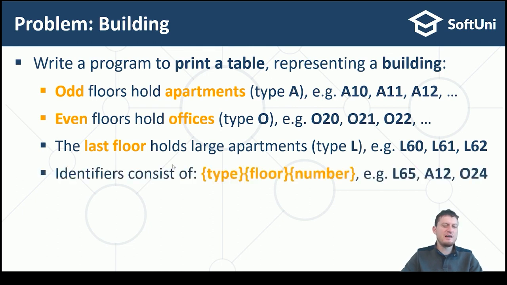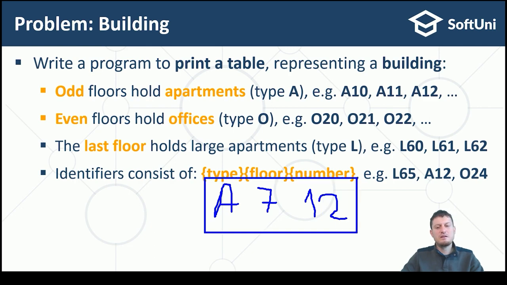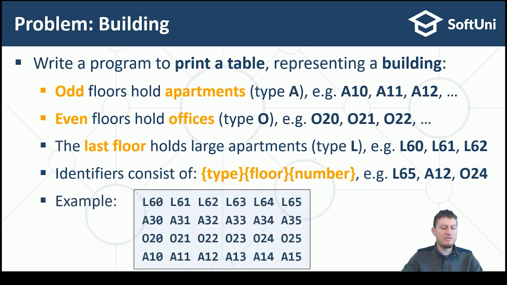The identifiers consist of a type, which may be A apartment, O office, or L large apartment, followed by the floor number, followed by the office or apartment number. So we have A, like the type, then the floor, for example floor 7, and the apartment number, for example 12. It may be A712. So this is concatenated, and this is an example.